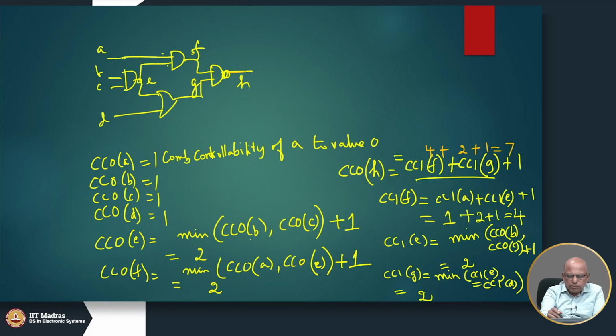So, this is what I meant by saying as you move away, controllability becomes higher and that means more difficult. Okay. So, controllability gets higher and higher. Okay. So, I hope everybody understood the idea of combinational controllability to 0 or 1.